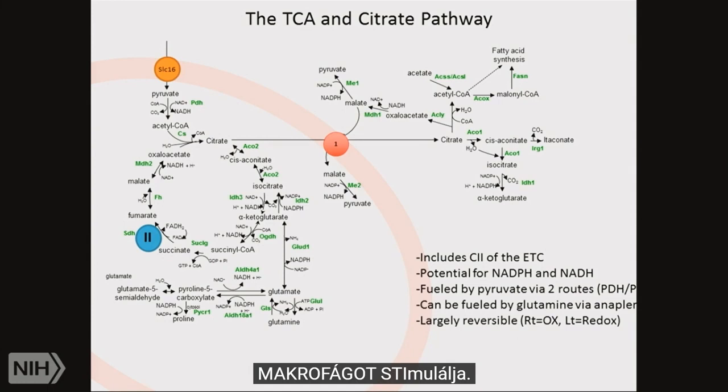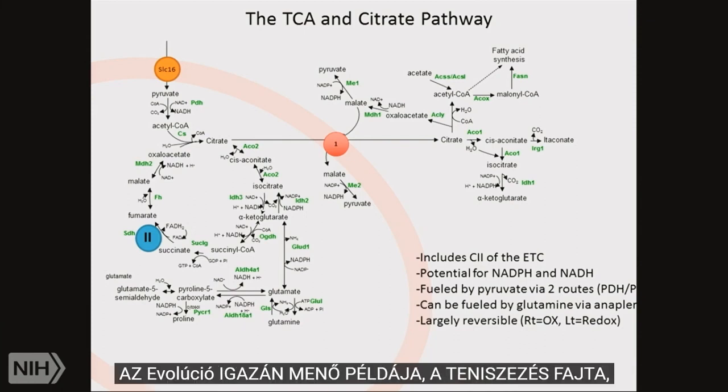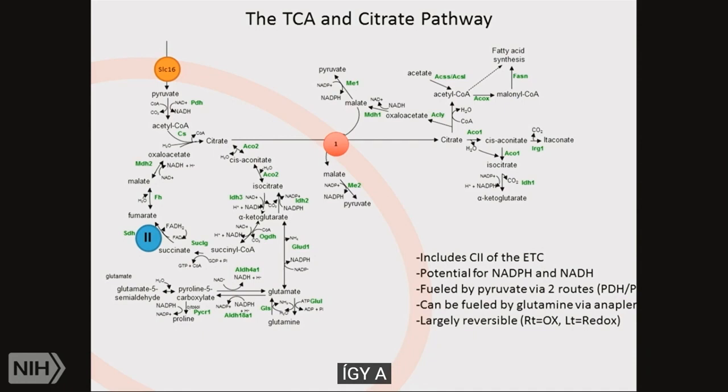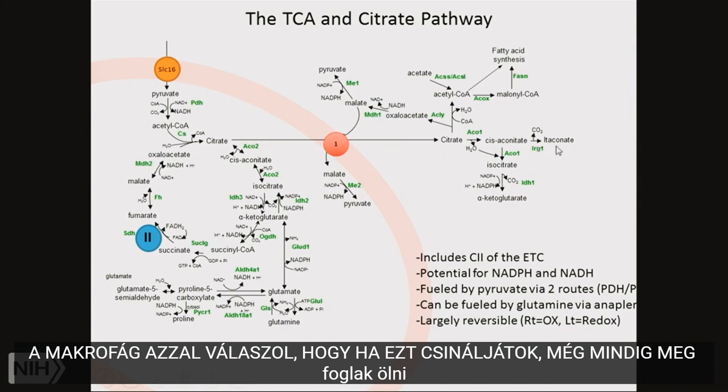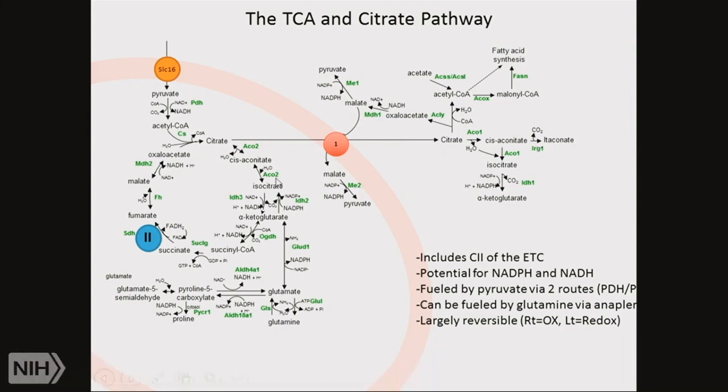And I just think it's a really cool example of evolution, kind of playing tennis. So the bacteria figure, oh, I have to exist in this phagosome, so they change their physiology. One of the pathways they turn up is the specific target of itaconic acid. So the macrophage responds by saying, right, if you're going to do that, I'm going to make itaconate. I'm going to kill you anyway.